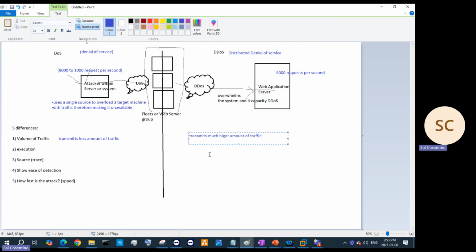So you'll see that fleet of systems in a DDoS environment. You'll see the attacker go through a control server, and then that'll go through these systems that are infected, which, again, we talk about as a fleet, and that'll overwhelm all those systems and its capacity once it gets to the actual web application itself, right?